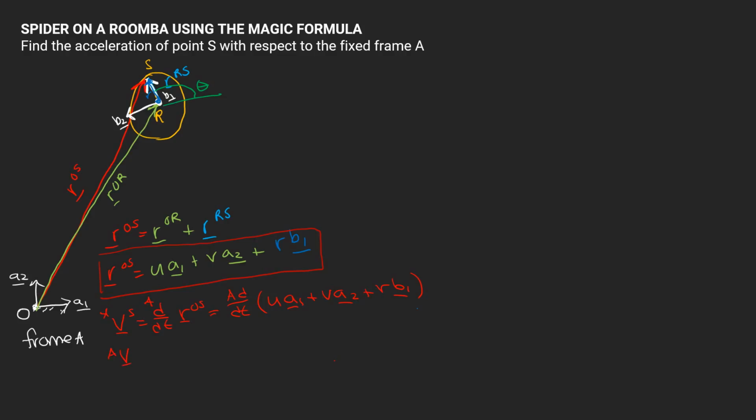So of course, taking the time derivative of U A1 and V A2 is quite easy, right? Because we're taking the time derivative in frame A, and these terms are written in frame A, so we can simply write U dot A1 plus V dot A2, and then we're going to keep this term here.